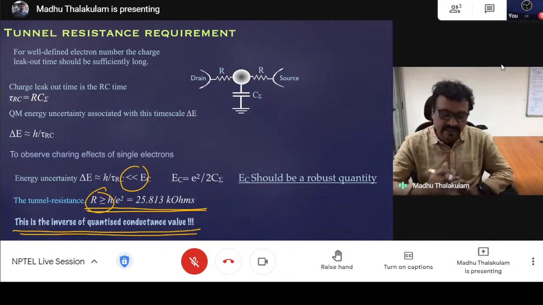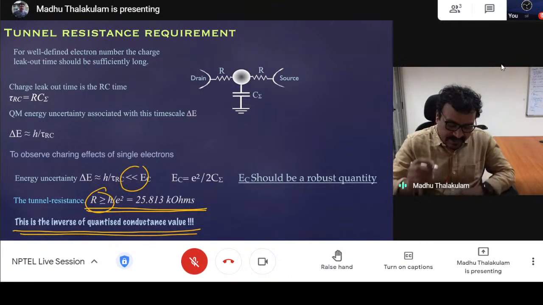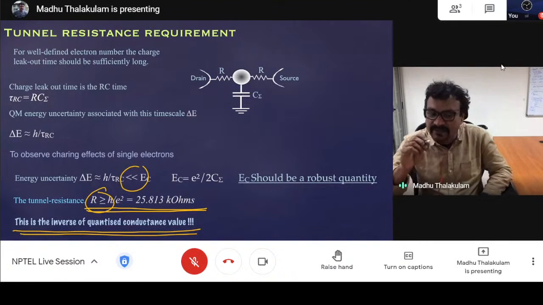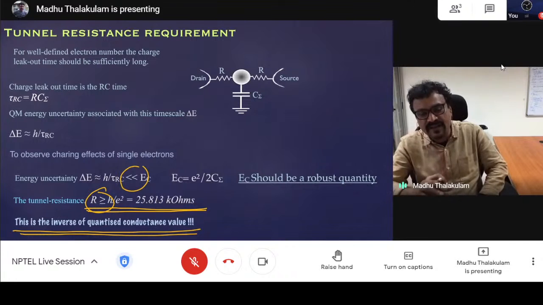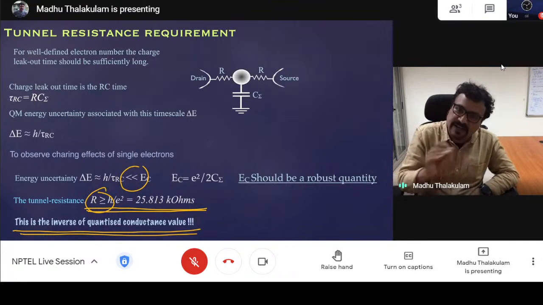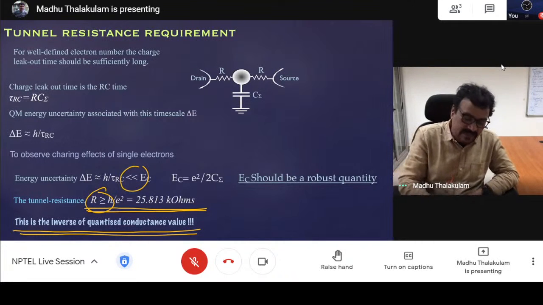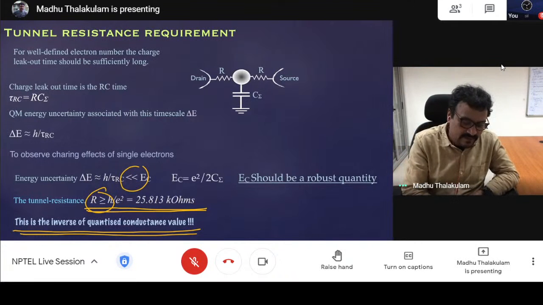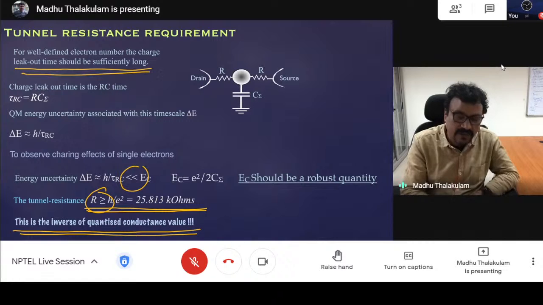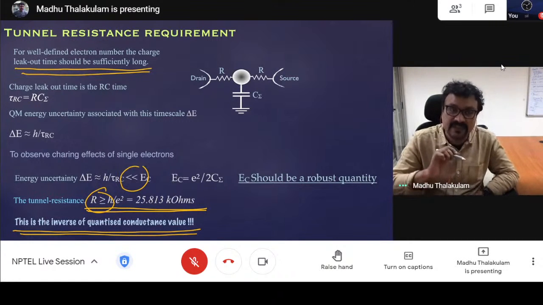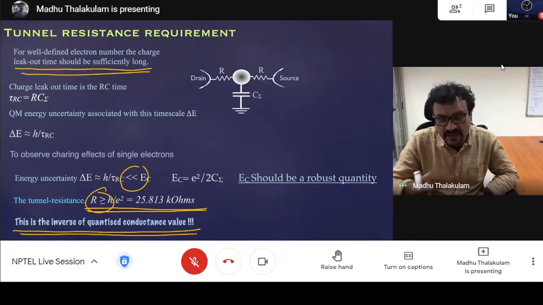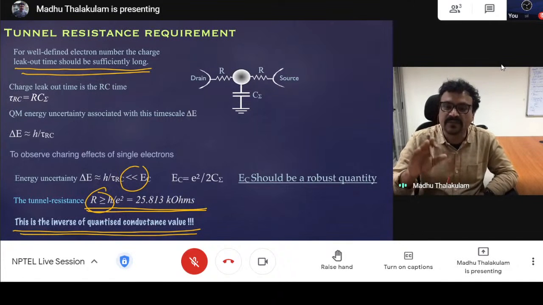So what this says is there is a minimum limit for resistance. If the resistance connecting the quantum dot to the source and drain is lower than 25.813 kilo ohm, then the electron number may not be a robust number. What that means is the number of electrons in the quantum dot will fluctuate, so the charging energy may not be well defined, or you may not be able to observe charging phenomena.